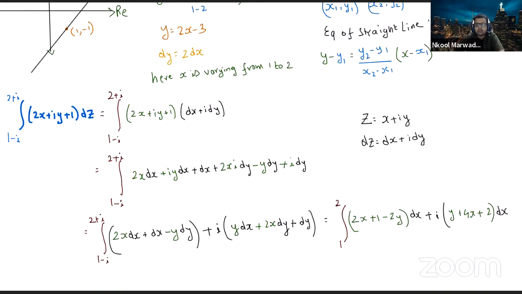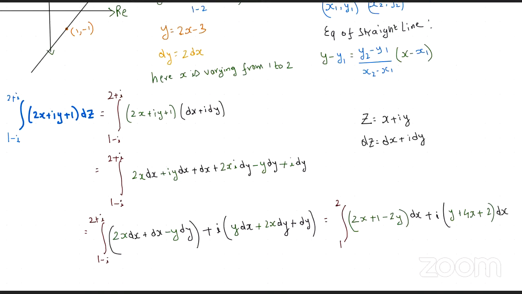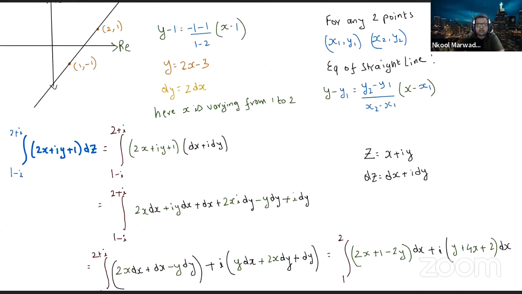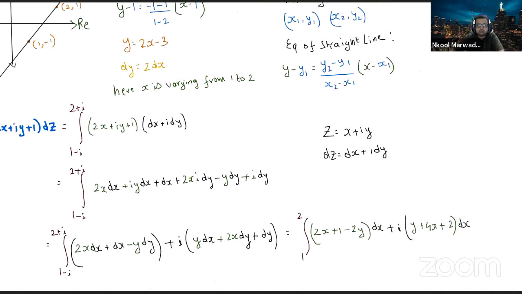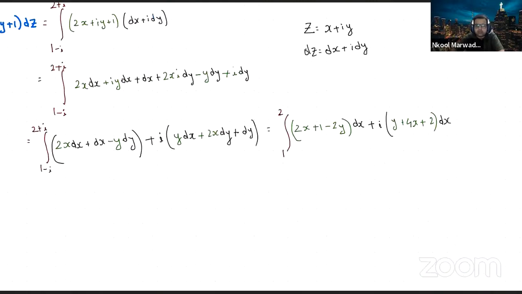So in the y integral, we can write 2x minus 3, which is the equation we derived. I will write it here for reference: y is equal to 2x minus 3. This is the equation of the contour.